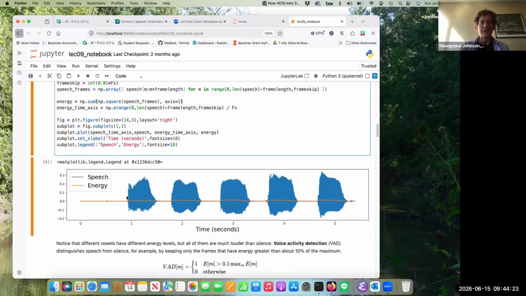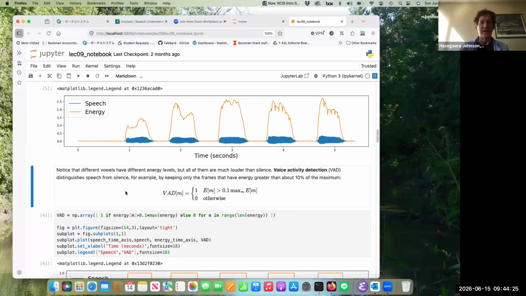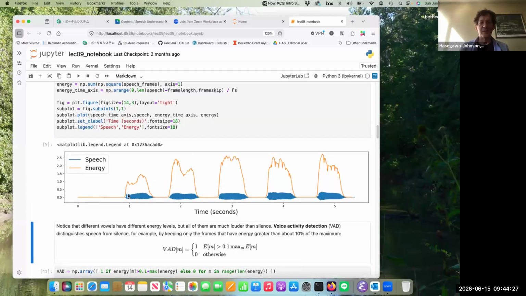Right, so the energy is just the sum over 25 consecutive milliseconds of the amount of energy in that speech signal. Not all of the samples have high amplitude, but plenty of samples do. Basically, every time my vocal folds close, there's a high amplitude pressure spike, and that shows up as energy in the energy signal.